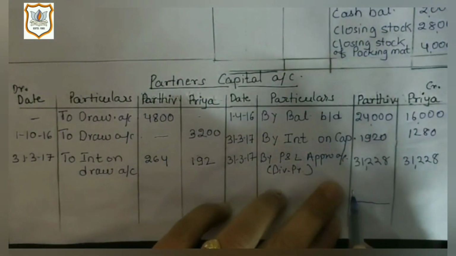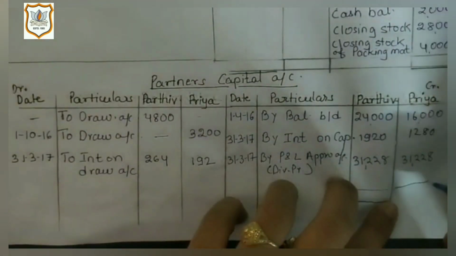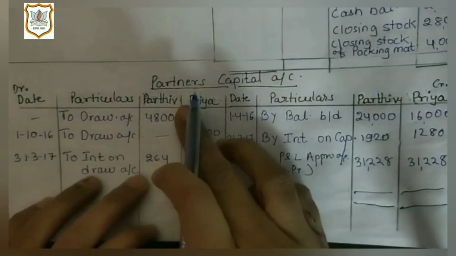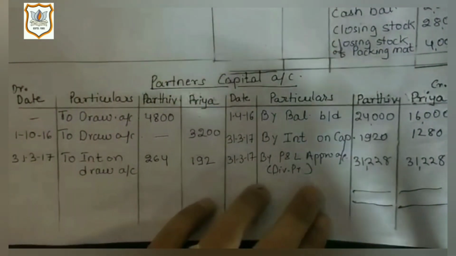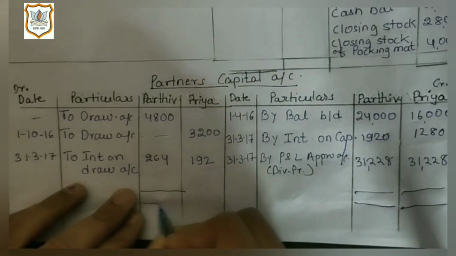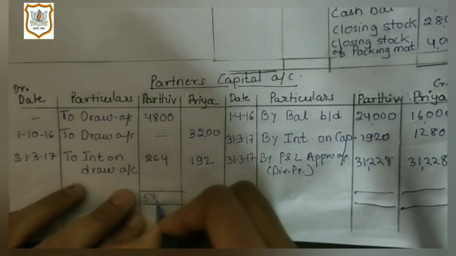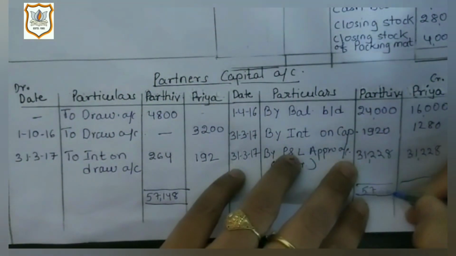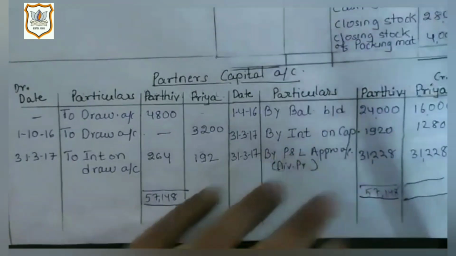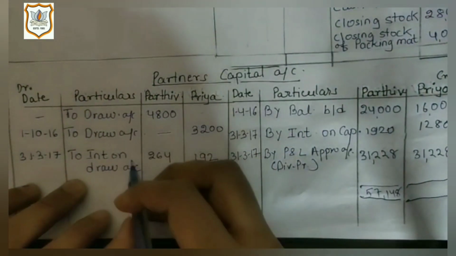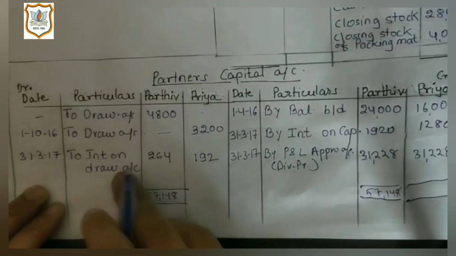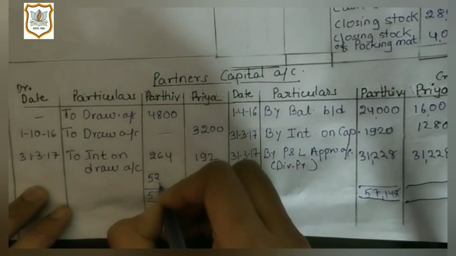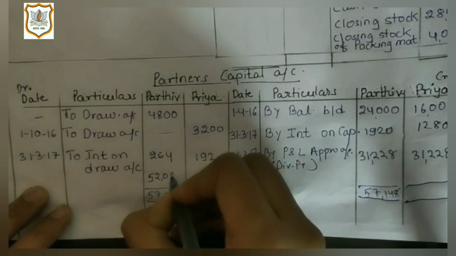Here we will get total of credit side. First we will close Parthiv's capital account. 57,148 is total. Total of credit side is more. So difference will appear on debit side, which will be called closing capital balance, 52,084.